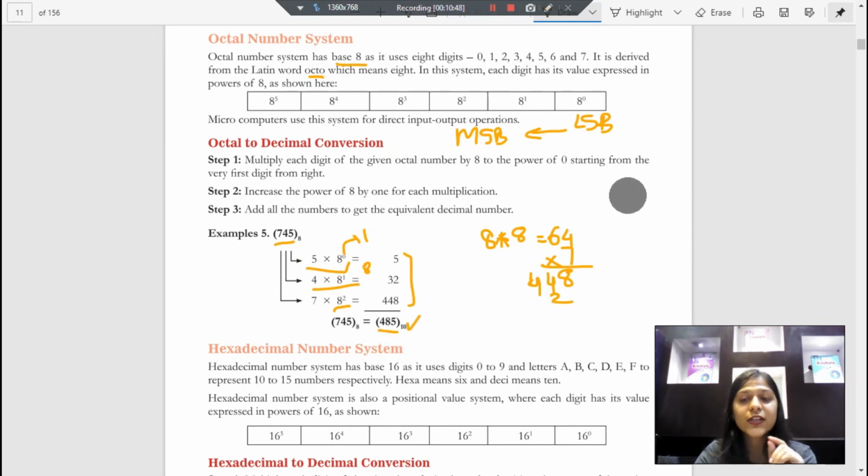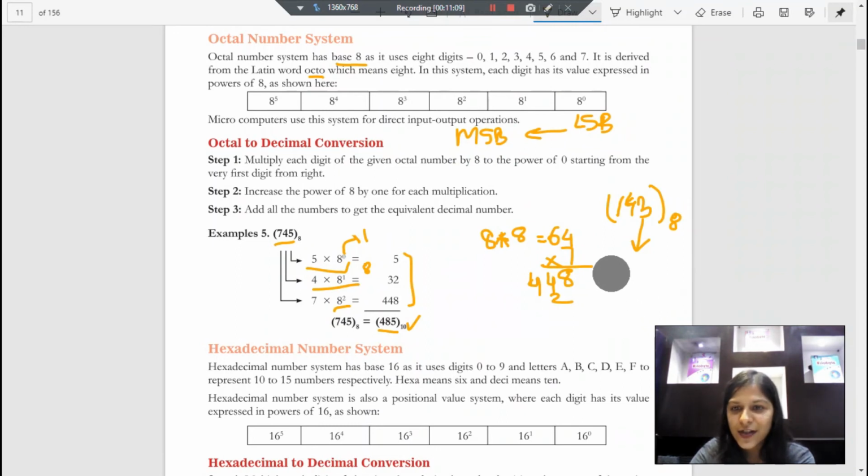Now I want to give you a simple number to convert from octal to decimal. The number is 143. Do convert this number from octal to decimal, right? But I'll just give you a hint.